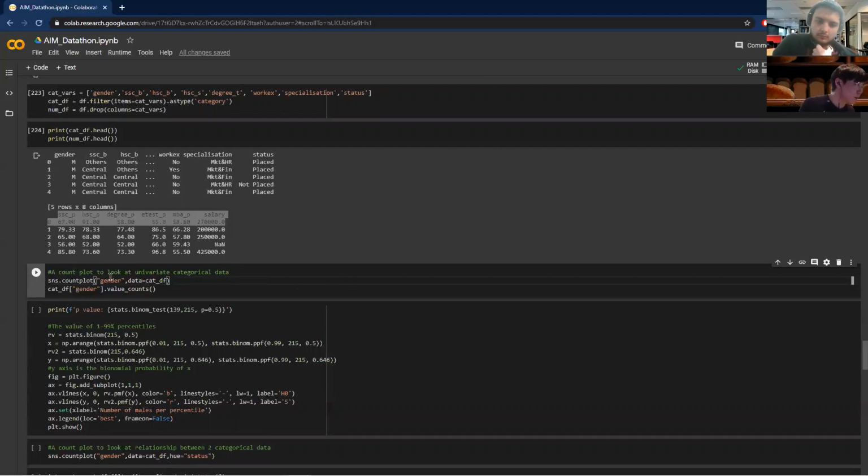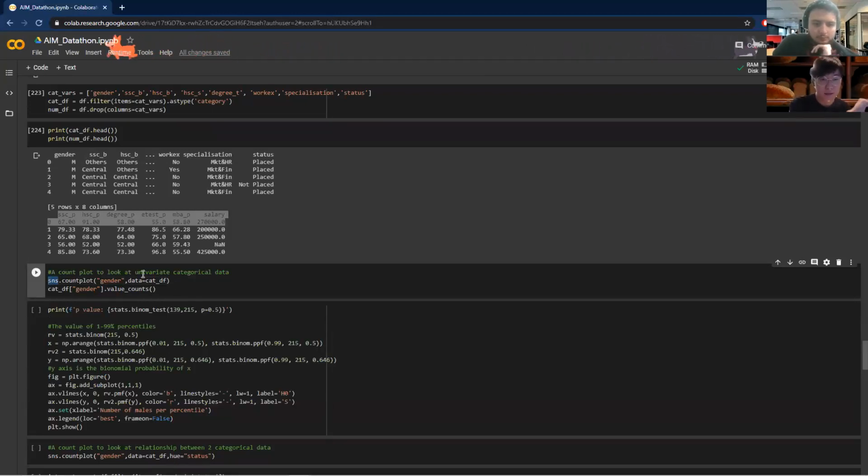So a quick way to do that in Python is using this. It's a different library now. SNS is shorthand for Seaborn, which is a really nice library that gives pretty graphs, but also very useful graphing techniques. And one of them is called a count plot.